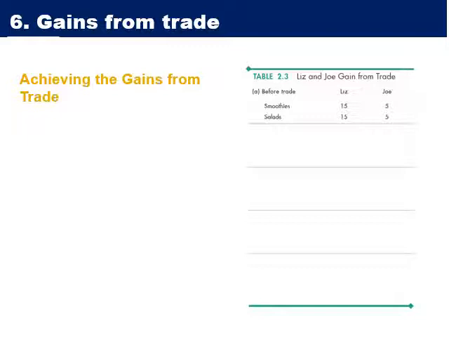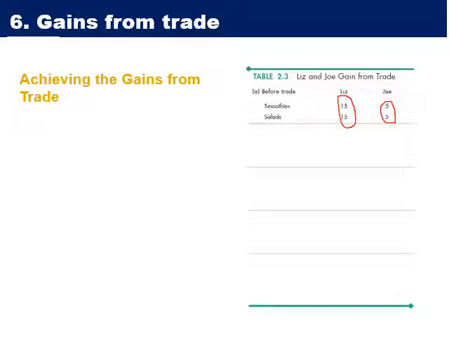As mentioned before, if they produce both commodities, then they will need to divide their time to produce both commodities. So in this case, Liz can produce 15 units of each commodity, and Joe can produce 5 units of each commodity.